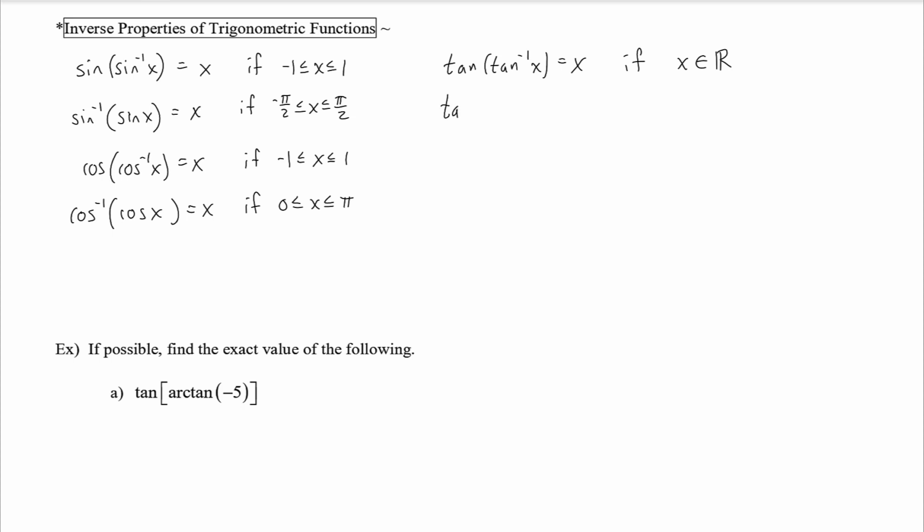But if I reverse it, then x has to be between -pi/2 and pi/2, because the outer function's inverse tangent. Inverse tangent's only allowed to output numbers between -pi/2 and pi/2.